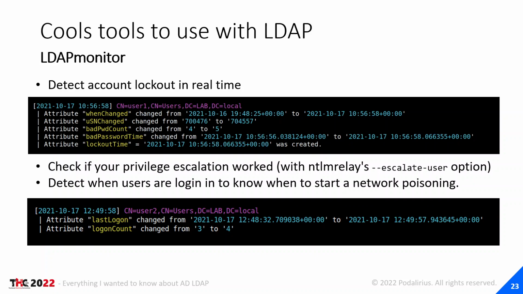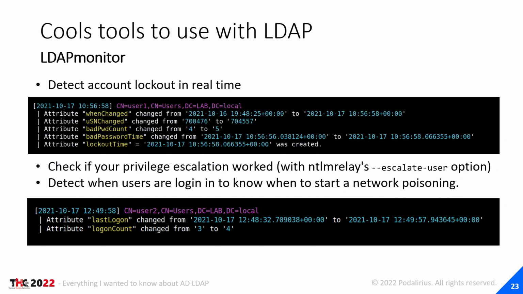You will set the NTLM relay escalate user option so that the user you control will have more rights after the relaying of a domain admin, for example. It can be useful to escalate your user to domain admin rights without taking over a real domain admin.